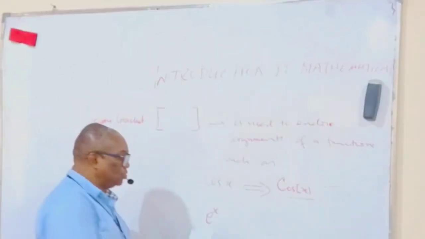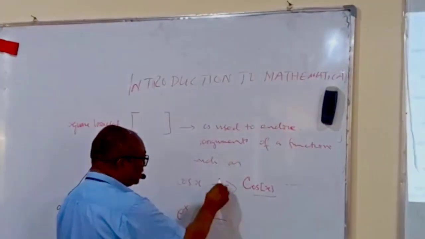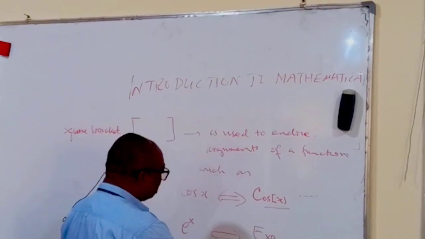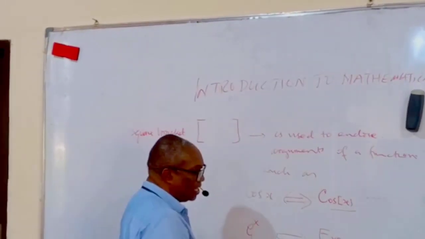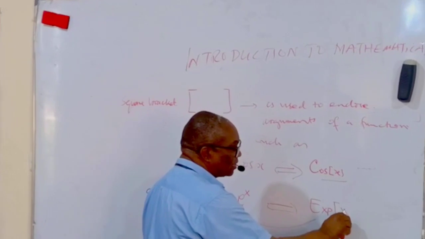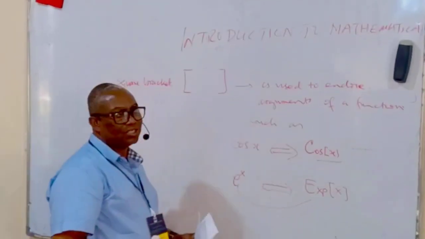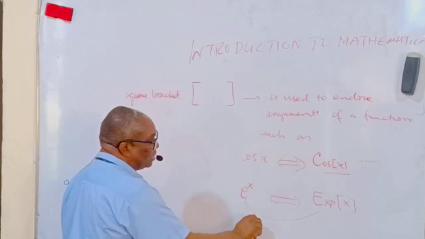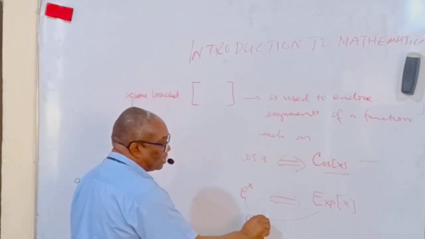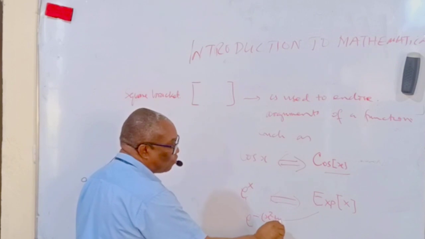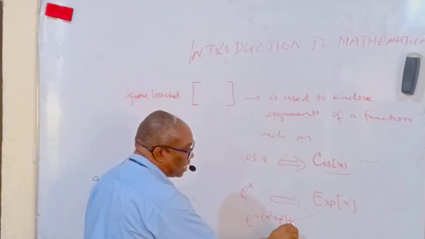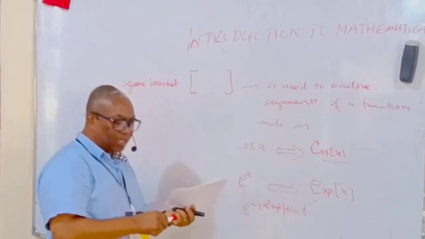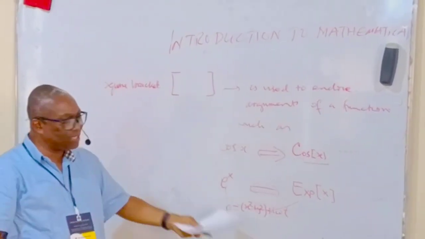You must use Exp to represent your e, and then the argument is x. So I could also look at this, assuming I want e to the minus x squared plus y squared plus I omega t. This is our expression.